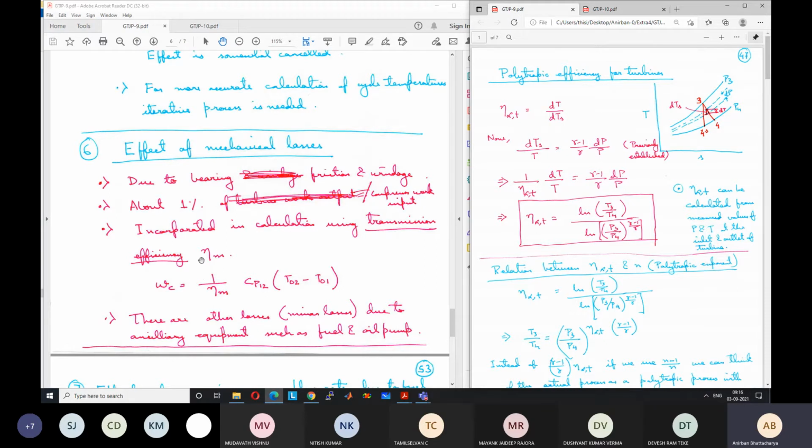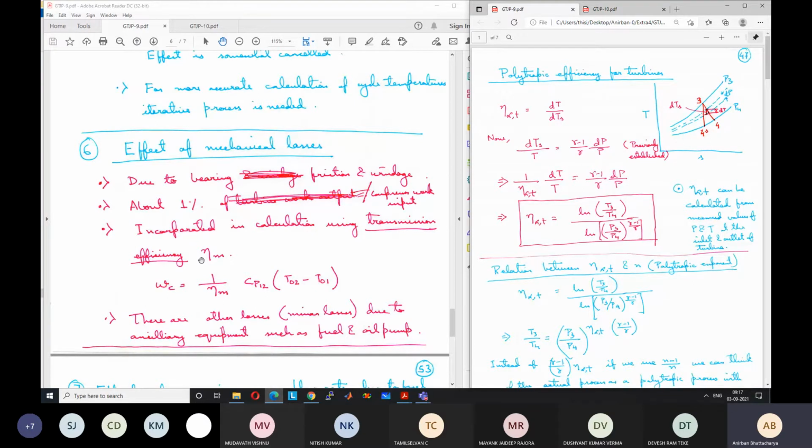Because of friction, if, say, 100 kilowatt of power is required for running the compressor, the turbine needs to supply a little more work for running the compressor. That little more amount is incorporated by defining this transmission efficiency.